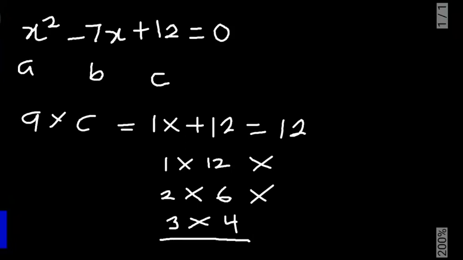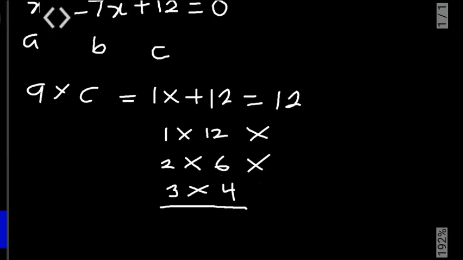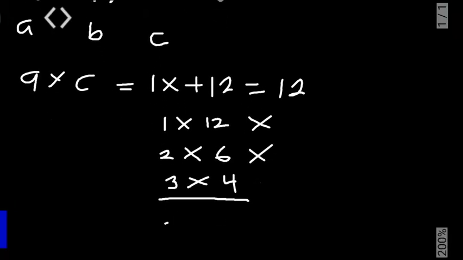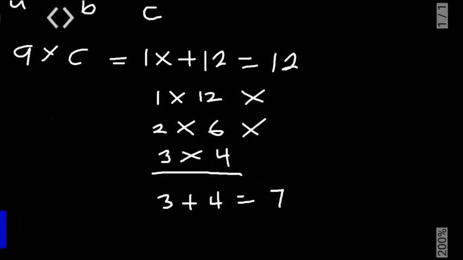So 3 plus 4 is 7. But we are looking for b, which is minus 7. So it has to be minus 3 minus 4 equals minus 7. So the factors we are meant to use are minus 3 and minus 4.